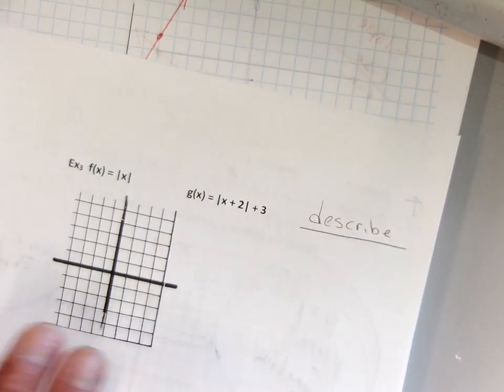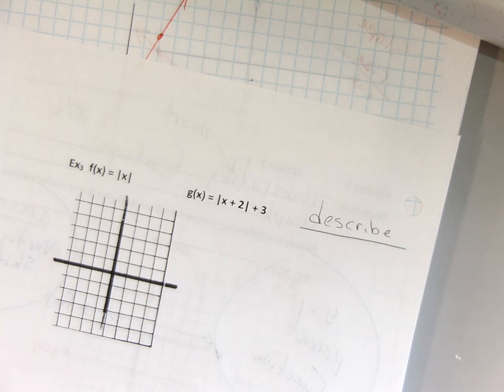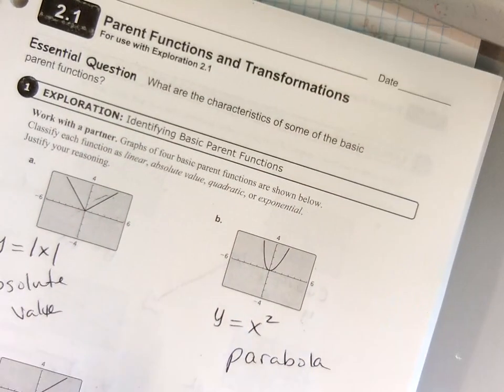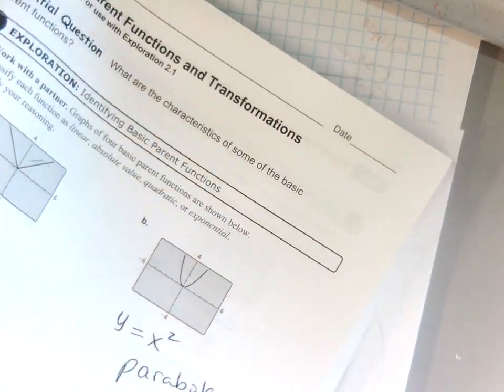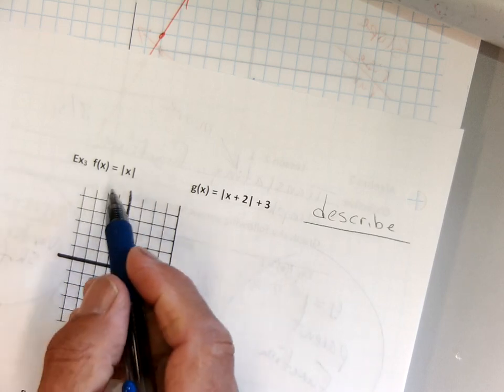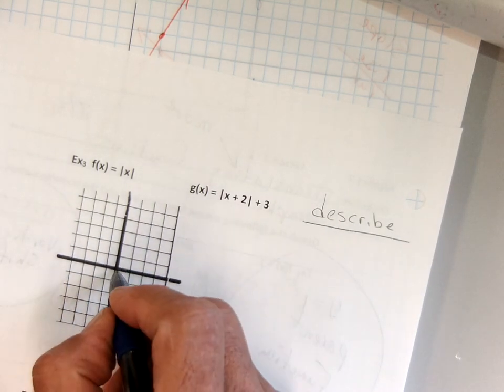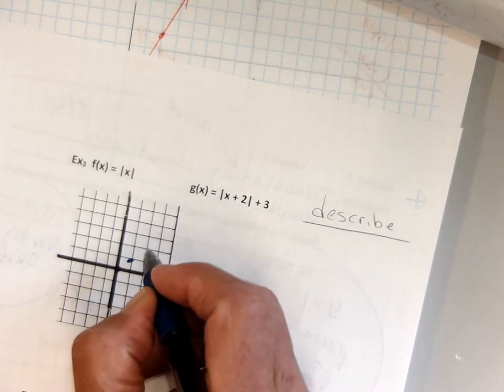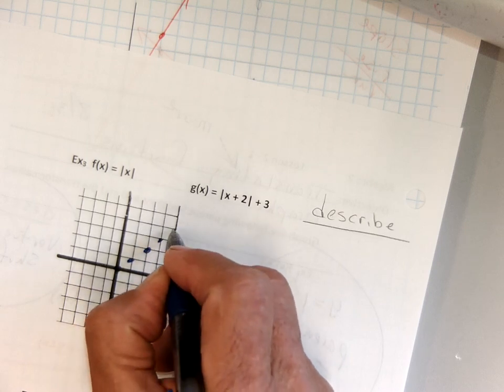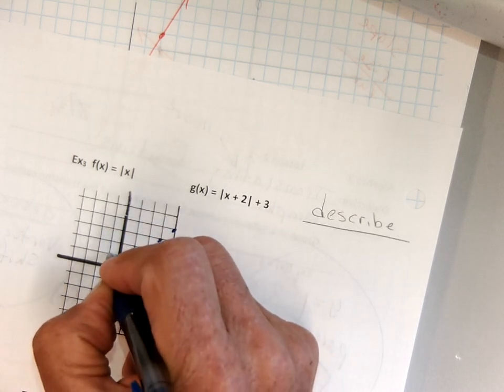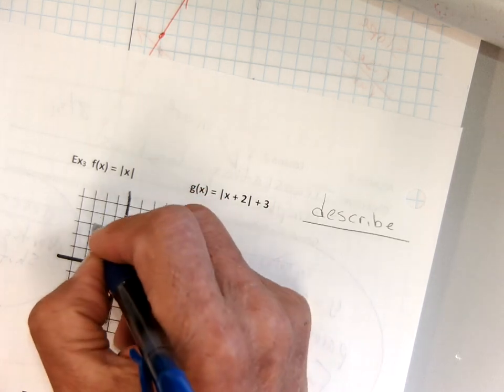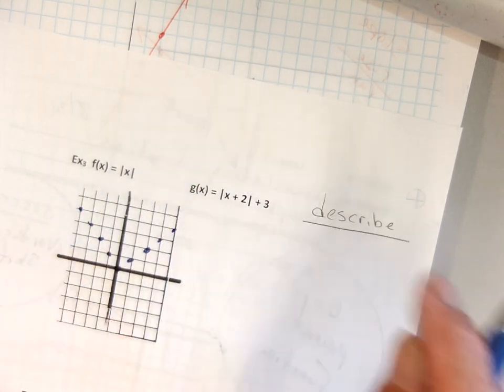Okay, example 3. I think we had that one in our book, didn't we? Hold on, let me go look at my book. That was page 23. There's my absolute value graph, right? So if I did absolute value of x, it looks like this: 0, 0, 1, 1, 2, 2, 3, 3, 4, 4, and it goes negative 1, 1, negative 2, 2, negative 3, 3, negative 4, 4.